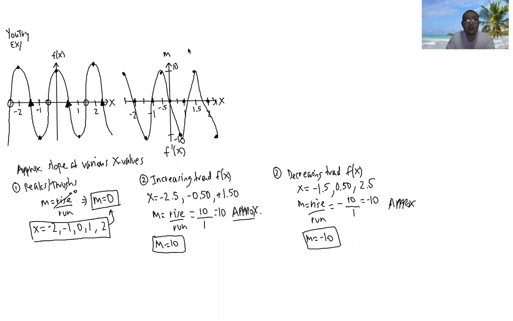And we said that the best way right now to approach it is to first consider peaks and troughs, right? Because you know that there's no rise term, so your slope is always 0 at these points. Then consider a point right in the middle of an increasing trend, such as these open circle places here. And then after that, assess places where you see a decreasing trend in f of x, okay?